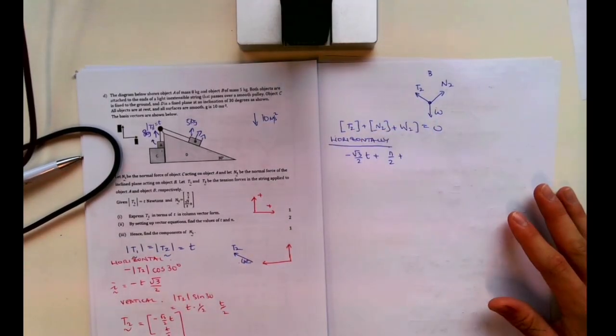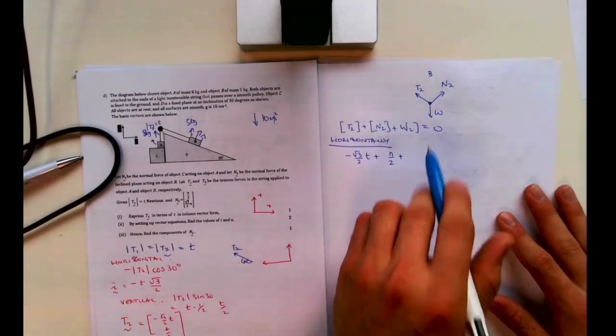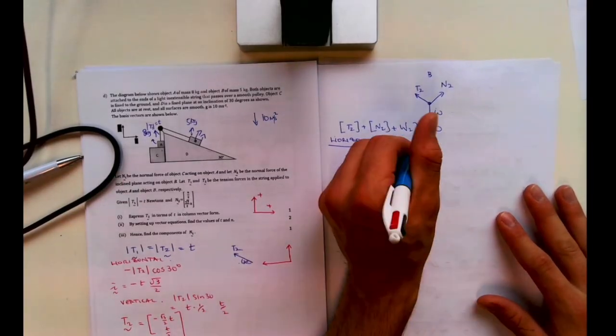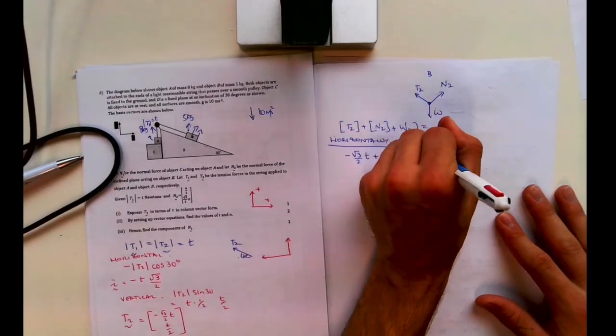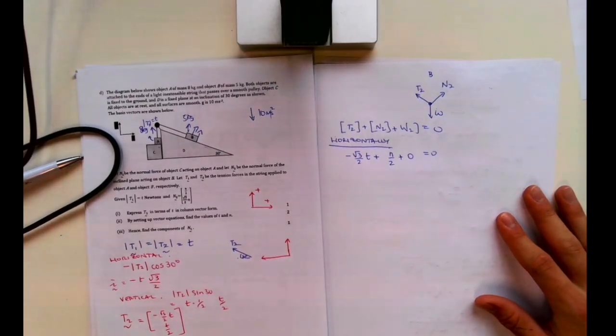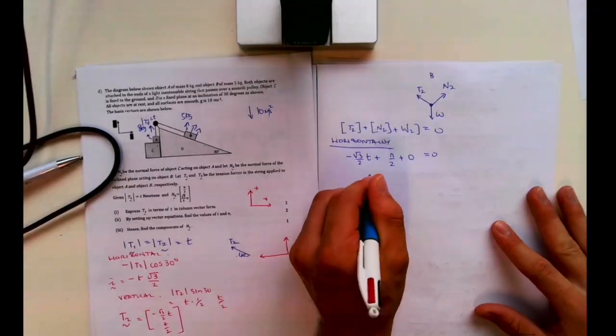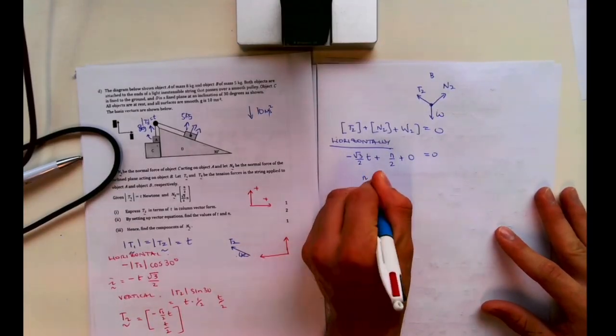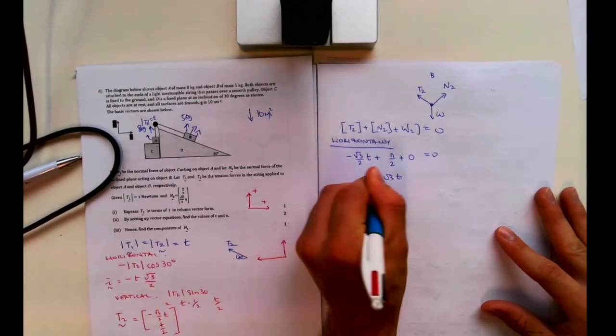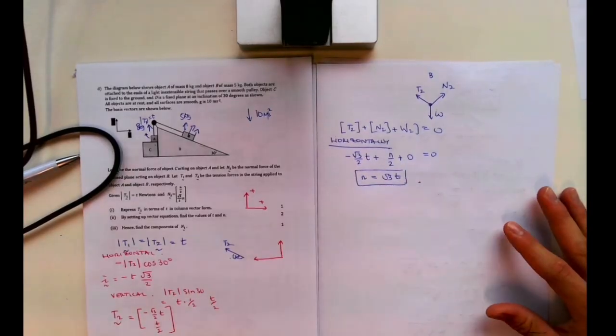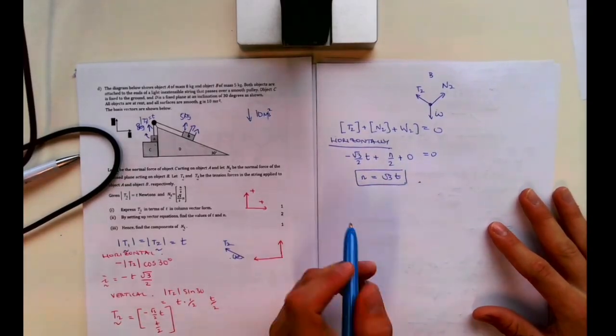And the weight force is purely occurring in the vertical direction. So it's going to be plus 0 here, and this equals 0. Now we can let this be a simultaneous equation. I'm just going to say that N is equal to root 3 T. I'm going to save this equation for later.